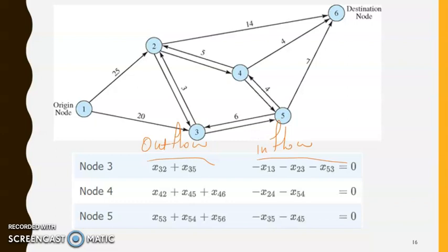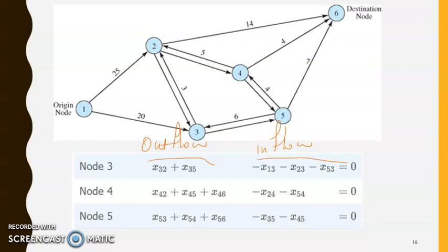The same logic applies to the other ones. For example, for node 4, you have the outflow x42, x45, and x46. That must be equal to the inflow, that is x24 and x54. And again, my friend, here you see your textbook has brought everything on one side of the equation.